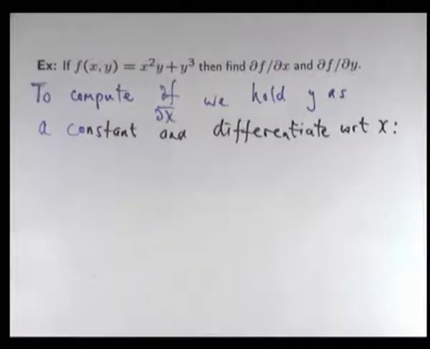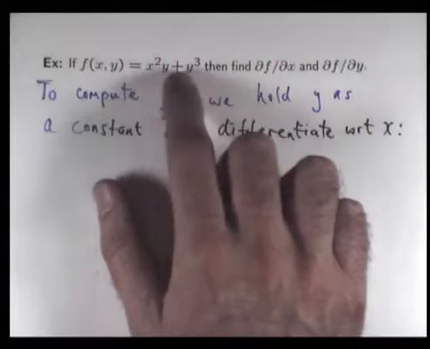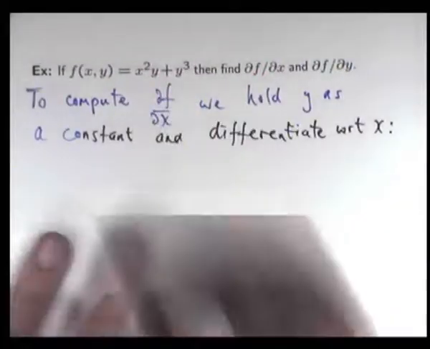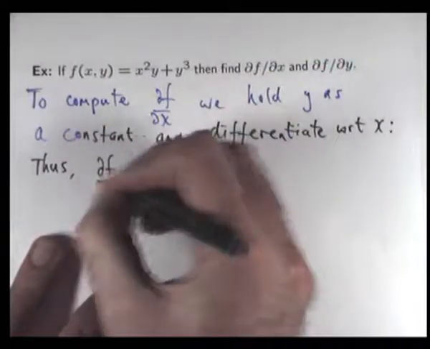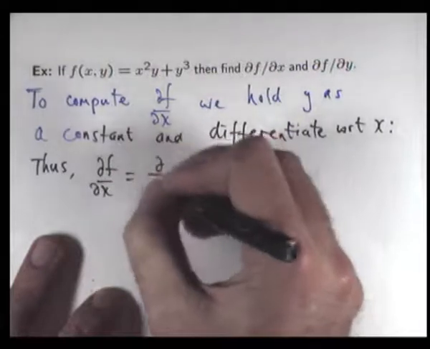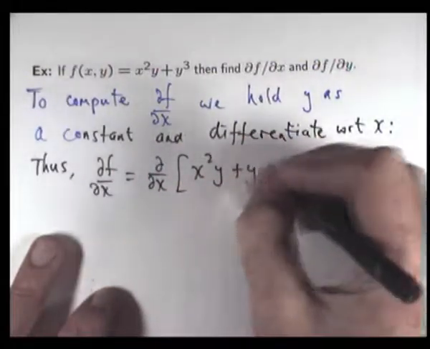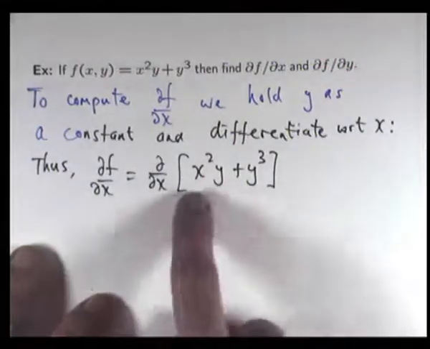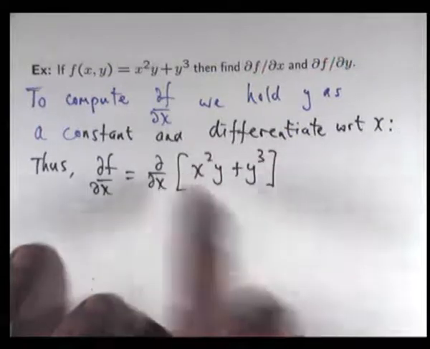Okay, so essentially we imagine all the y's here are just constants and differentiate normally with respect to x. So this is what we want to compute. We want to compute the partial derivative of this with respect to x.